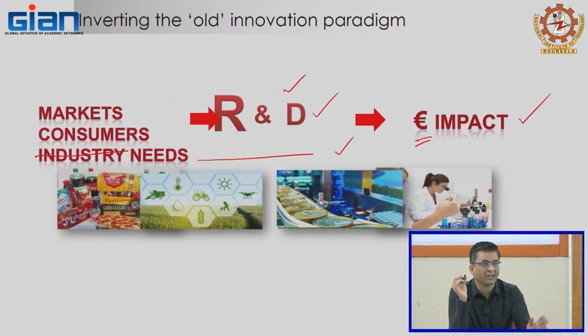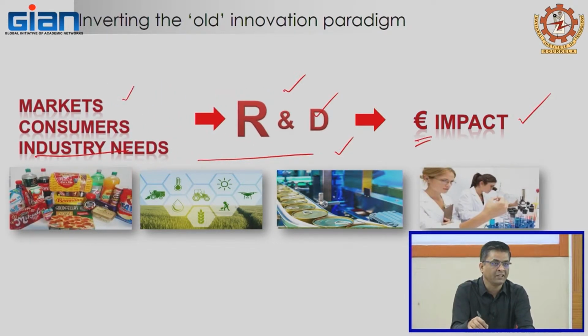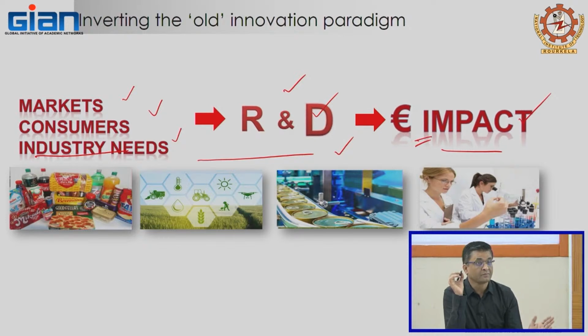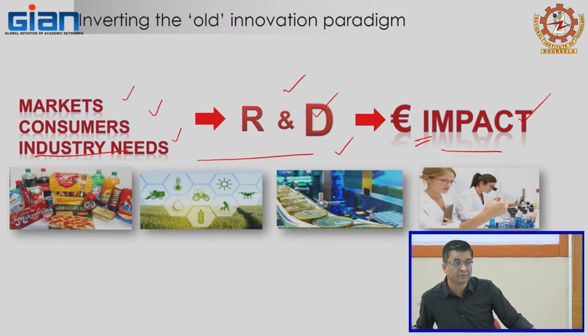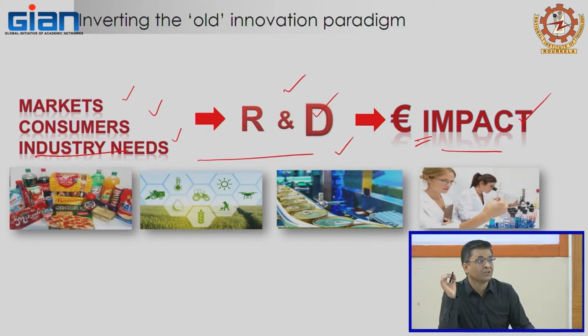It has moved the other way around. What the market needs, what the consumer needs, and what industry wants drives research, and then that is developed, and then you get the impact. It is the other way around, rather than having research first and then developing it. Now the focus has shifted more towards development, so that you can have more and more innovation, more and more startups.